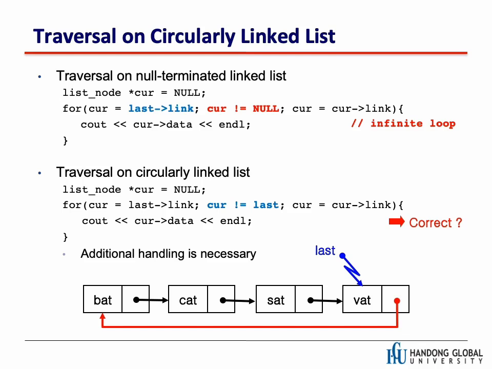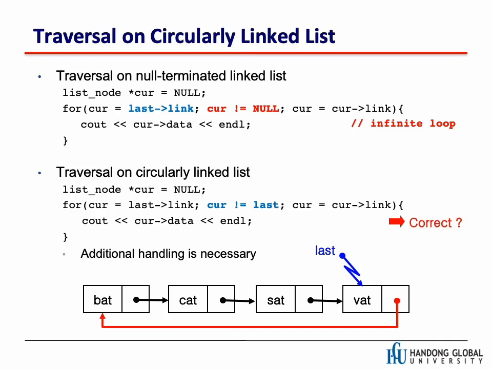So when we traverse, we have to check some point. Let's try in a different way. Car starts from last link as before, and instead of checking if car is null, we check if car is last.